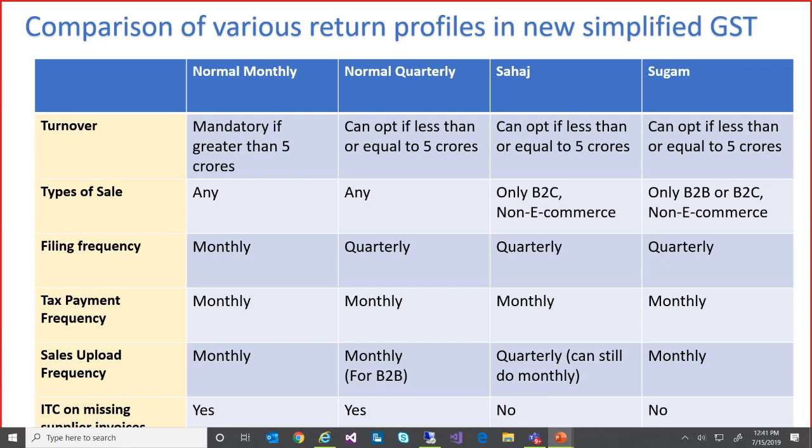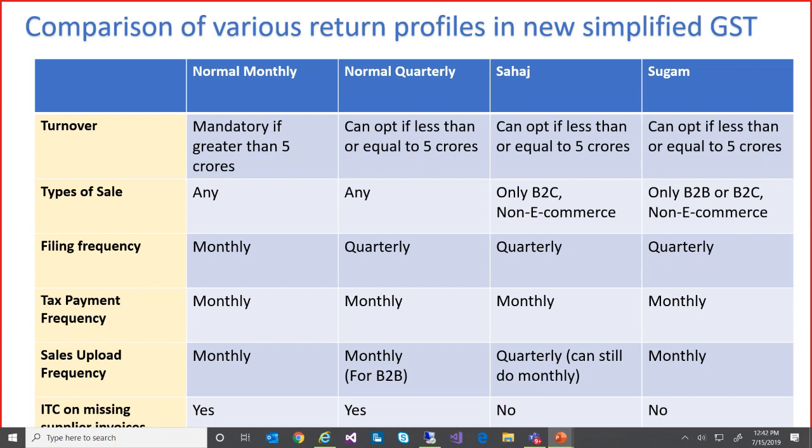For Sahaj, if your turnover is less than 5 crore, you can go for a Sahaj or Sugam return. And there you only have to disclose the B2C and non-e-commerce related transactions. So the type of sale should be a non-e-commerce transaction. If you have an e-commerce transaction, you have to file the normal return. Then filing frequency is monthly or quarterly.